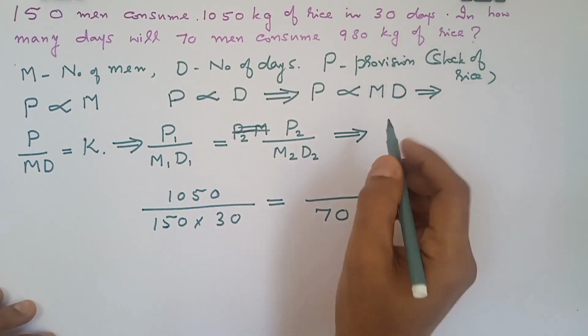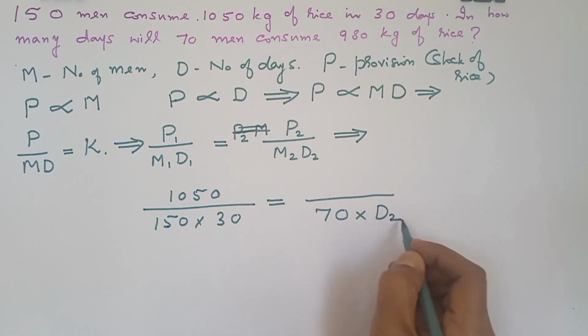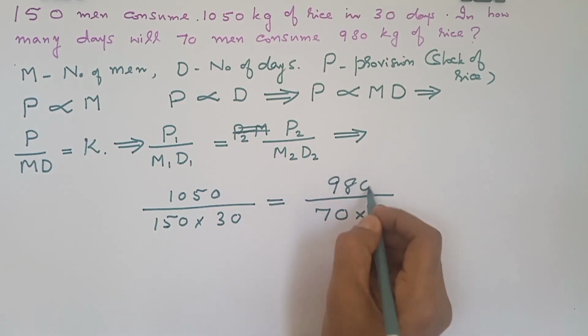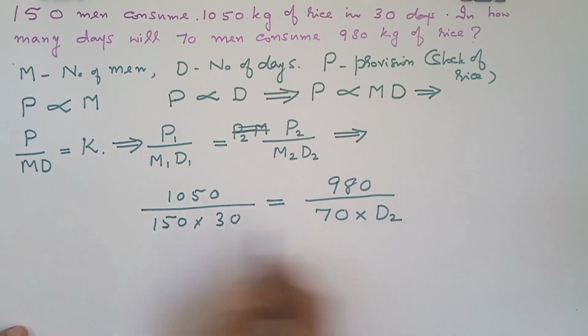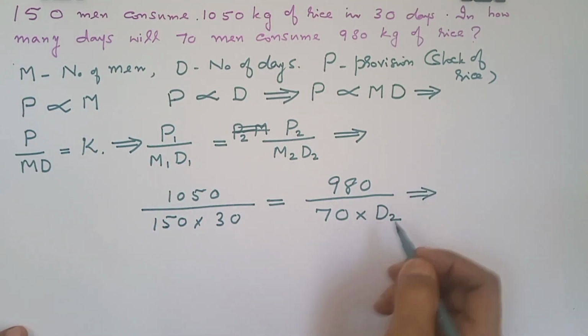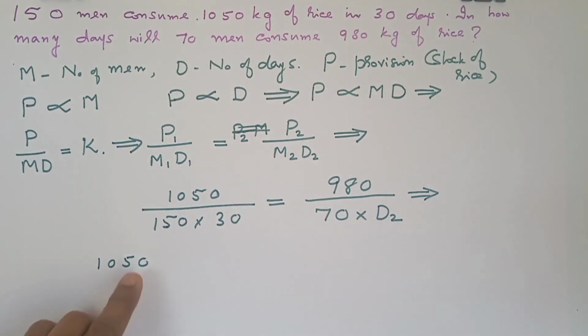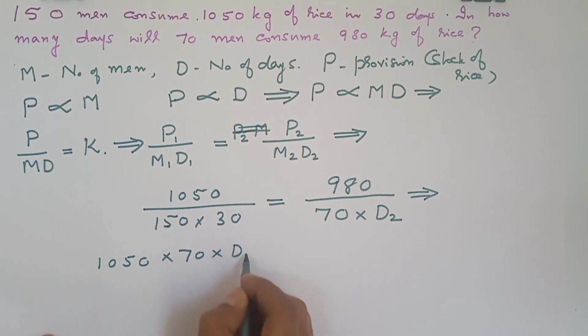Now look at the second one, 70 men. And we are finding what? Number of days. So D2 we don't know, write it as it is. And the corresponding provision given is 980. Now you can easily cross multiply and find out D2. 1050 into 70 into D2.